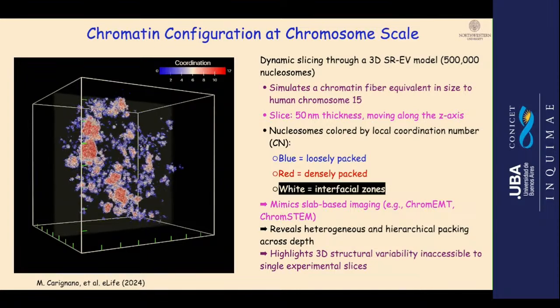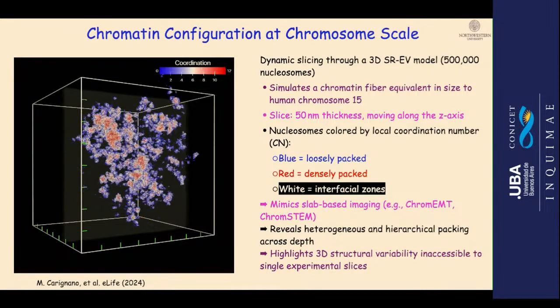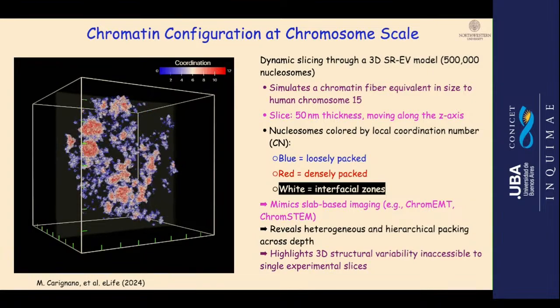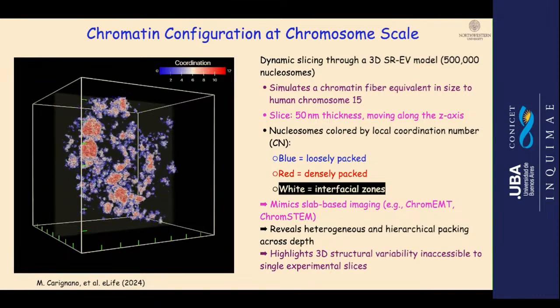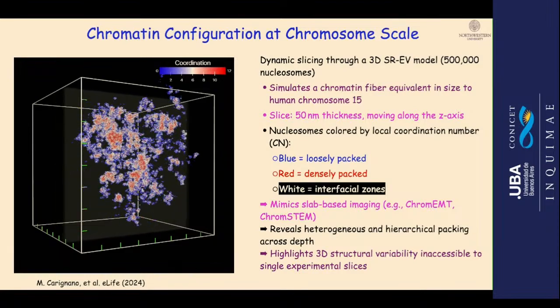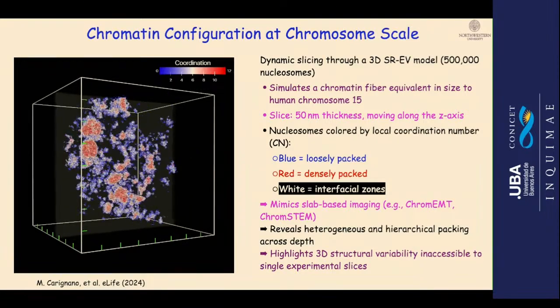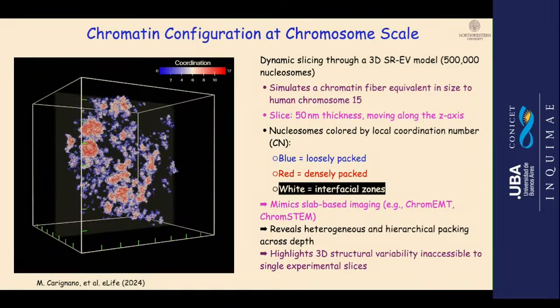The video reveals how local compaction and anisotropy emerge naturally in the SR excluded volume model, even without architectural proteins or loop extrusion. Domains are not spherical or uniformly distributed. They appear elongated, layered, and irregular, consistent with non-random folding.